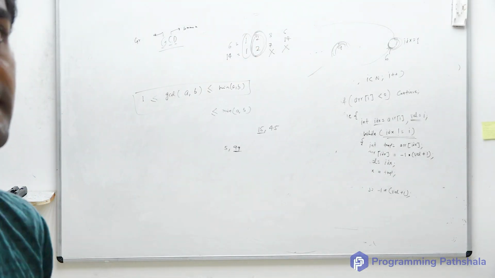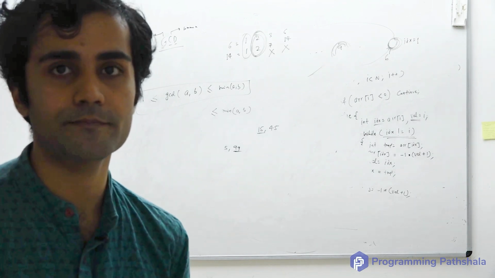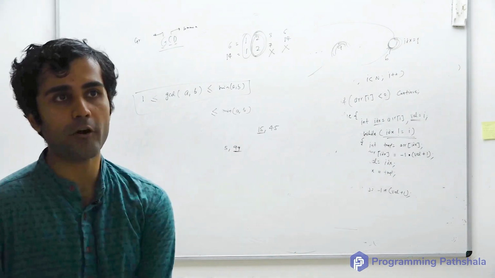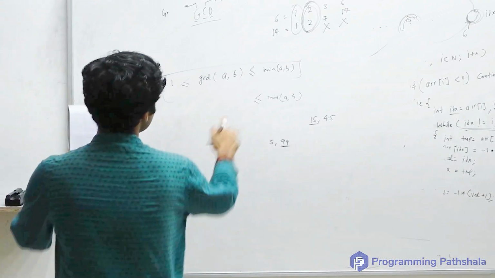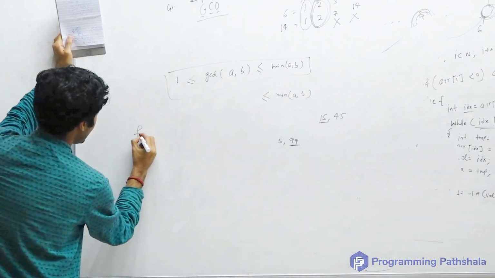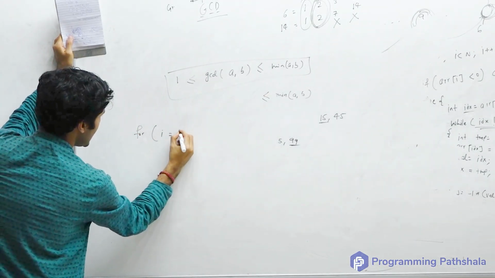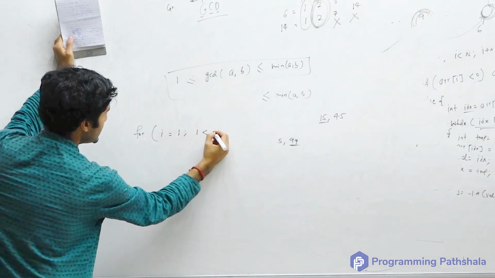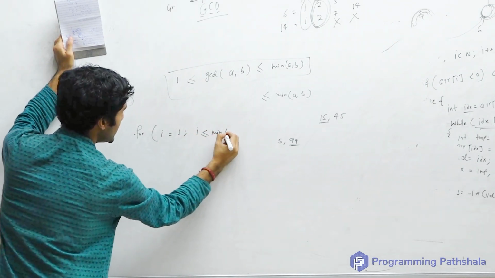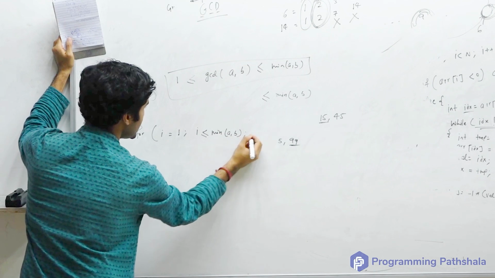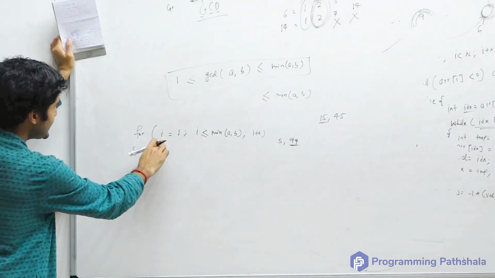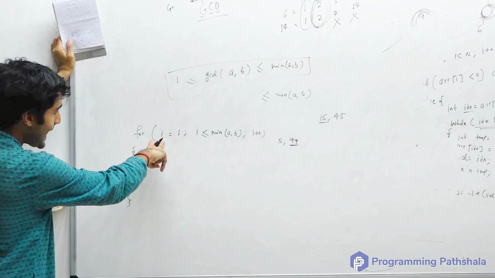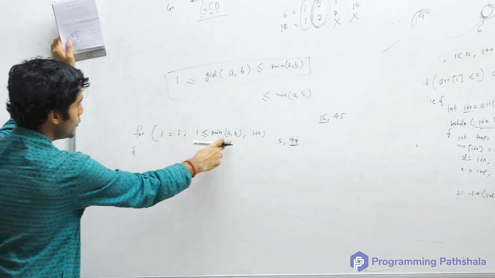So tell me, what is the easiest way to compute the GCD of two numbers? I can simply write a for loop which goes from 1 till min of a comma b, I plus plus, and I will check if this I, since it has to be a common divisor, divides both a and b.